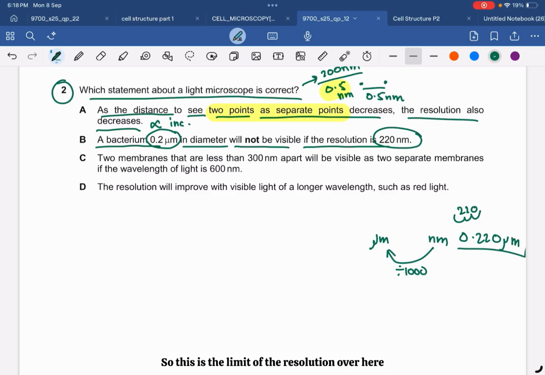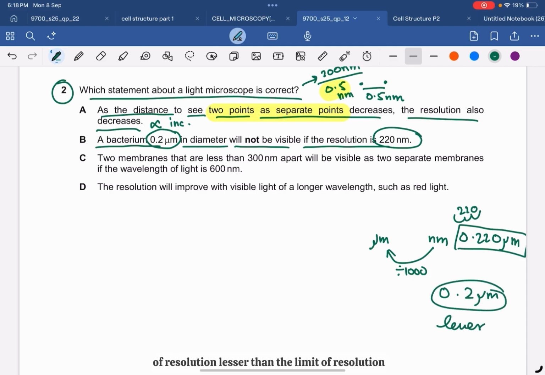So this is the limit of the resolution, and the bacterium is actually 0.2 micrometer, which is lesser than the limit of resolution. If the diameter of the bacterium is lesser than the limit of resolution, then it will not be visible.